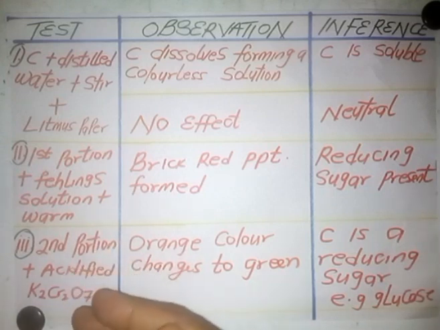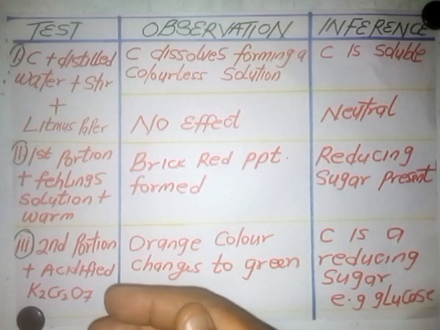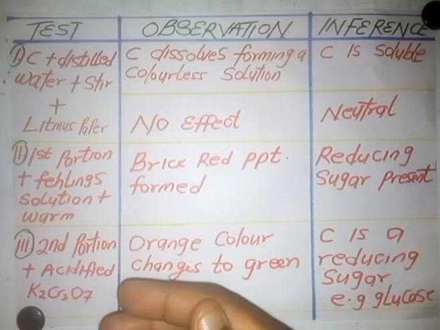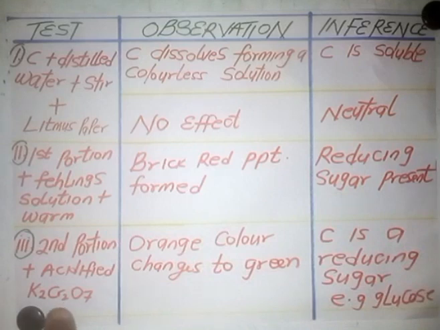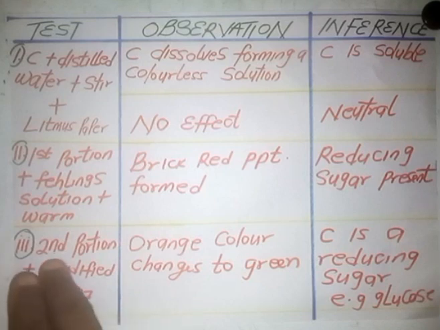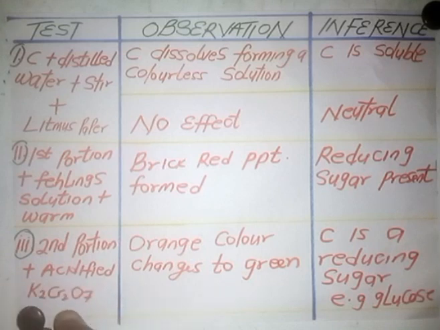Then I'm saying because in the part of the specimen given, the chemicals given, this compound was there, this oxidizing agent, potassium dichromate(VI) or potassium chromate, that's why I decided to add this test. So I'm saying second portion plus acidified potassium dichromate(VI).